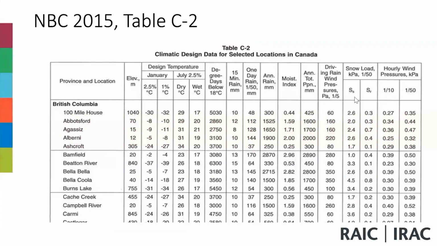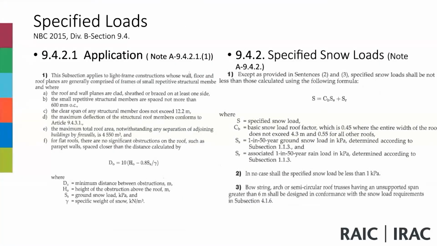The 1 in 50 snow loads SS and SR for Bella Coola in BC. 4.5 and 0.8. Yeah, so thank you, Dan. So you guys know where to find the SS and SR to go back to the formula. So when you're looking at the formulas, you need to identify the SS and SR.